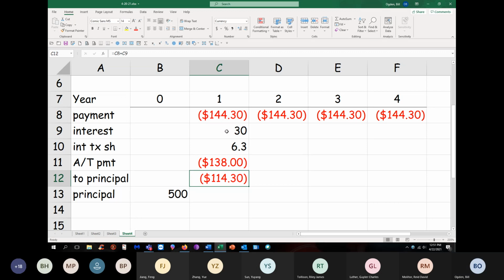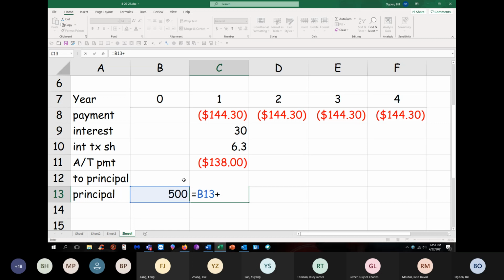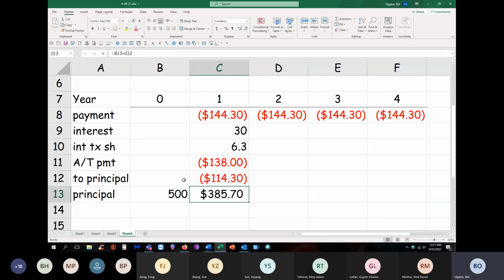All right. So 114.30 goes to principal, and so then you can find your remaining principal. And so at the end of the first year, the company still owes $385.70 on this loan.